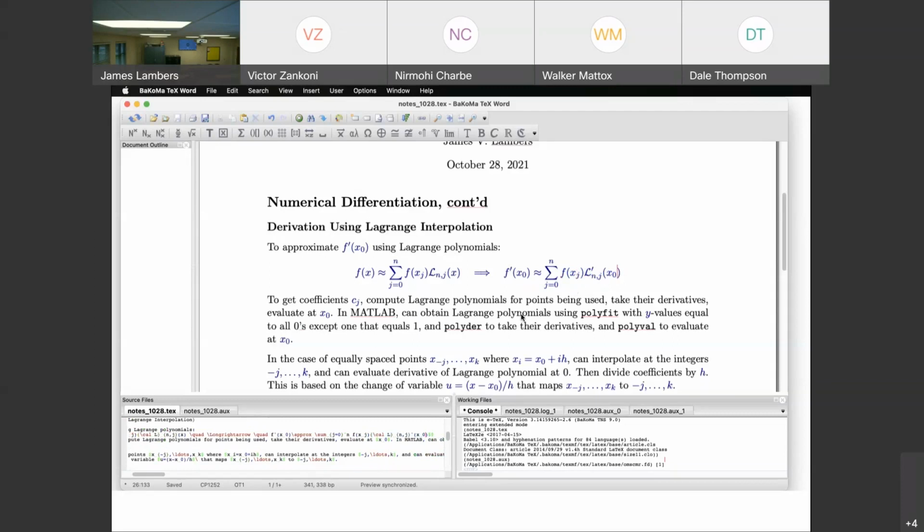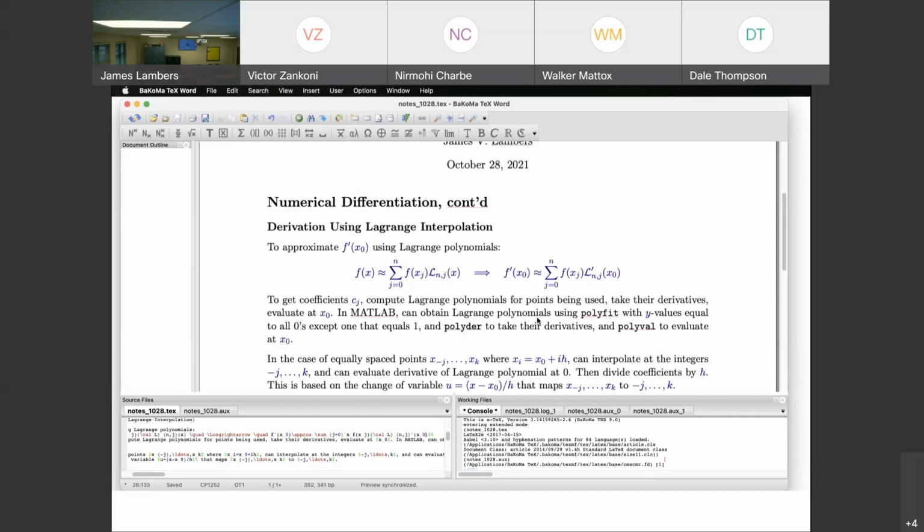And I mentioned here one way to obtain the Lagrange polynomials if you're working in MATLAB, and you can use MATLAB's function for polynomial interpolation, polyfit. You can specify that for a given Lagrange polynomial, one of the y values is equal to 1 and all the rest are equal to 0. And that gives you the coefficients of the Lagrange polynomial.